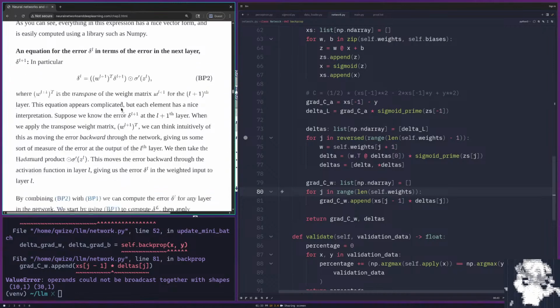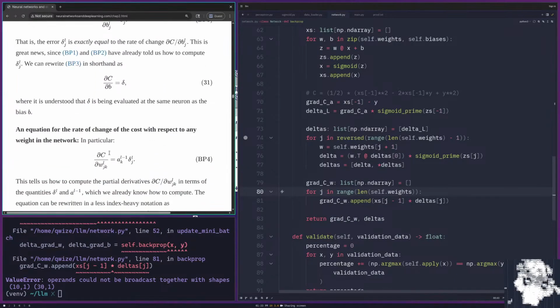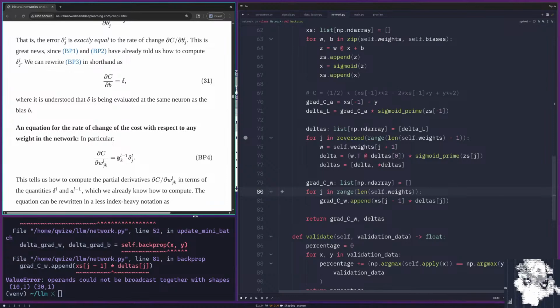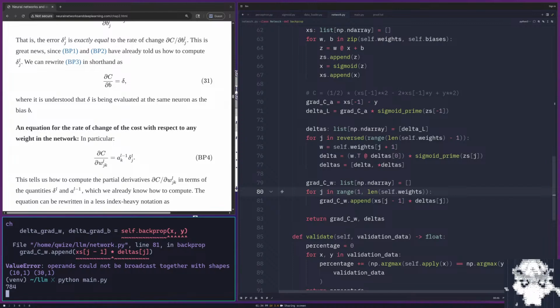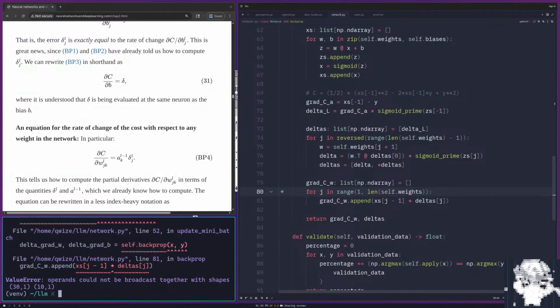So now let's look at how to calculate gradient of C with respect to W. I'm guessing this is doing the negative indexing, which I don't want. I actually want this range to start at 1. It's the same error somehow.